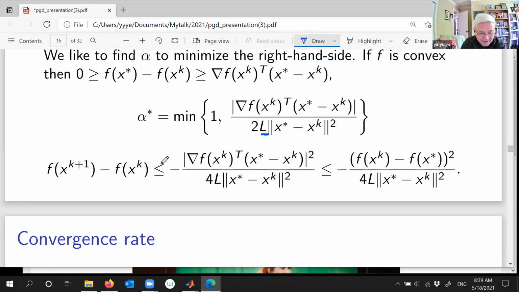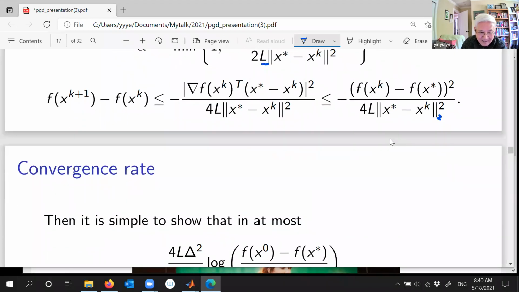Now you can say this is bounded by this term. Again, you can see the function is strictly decreasing, with f(x_k) minus f(x star) squared, and 4L, and the 2-norm distance to the optimal solution, which is typically appealed to in the steepest descent method.